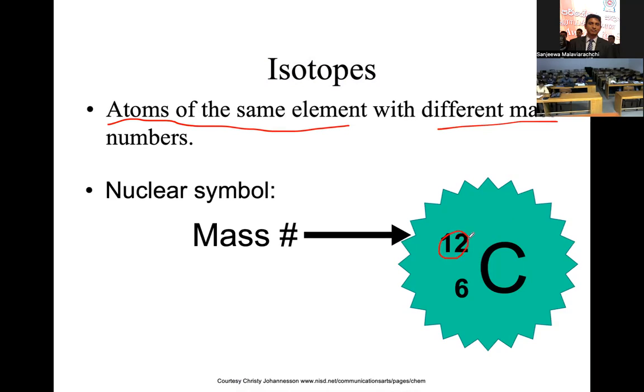So we have the same element but with different mass numbers, so we can call them isotopes of a particular element. So this is how we name the mass number and atomic number. If you have different mass numbers, that means we have different isotopes. Okay, so that is the very basic definition of isotopes. I think you must have covered this in your first year chemistry, or even A-level chemistry.